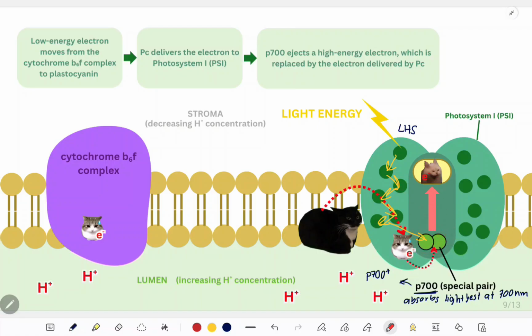One of its electrons gets excited and shoots out. P700 now needs a new electron, and plastocyanin delivers that missing electron to P700. And then plastocyanin just goes back to get another electron, and then P700 ejects another electron, and the missing electron will be replaced by this one. So it's just a continuous process.